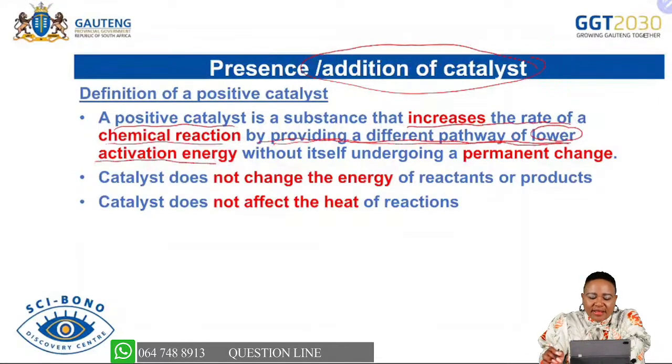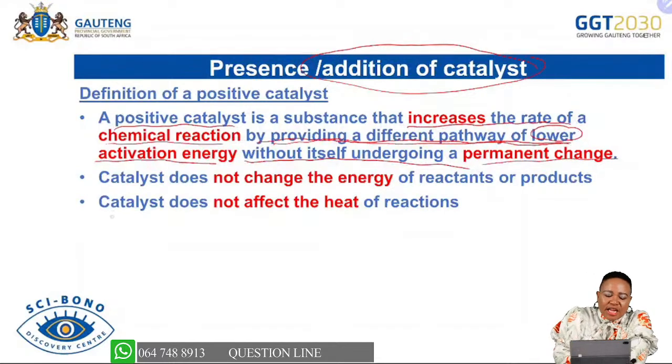And we must understand that a positive catalyst will not undergo any permanent change during the reaction. So a catalyst does not change the energy of the reactants or products. A catalyst does not affect the heat of the reaction.